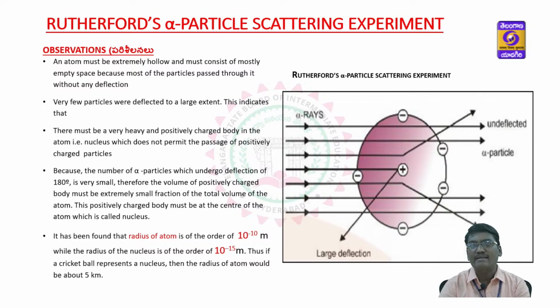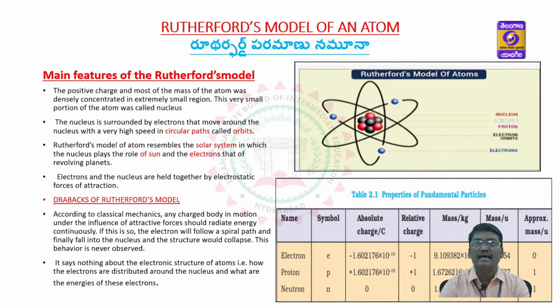So, like this, Rutherford's alpha ray atomic model explained about the atom, which is almost accepted. But the main features of the Rutherford atomic model, if you observe: the positive charge and most of the mass of the atom was densely, means thickly, concentrated in an extremely small region, the very small portion of the atom, that is the nucleus.